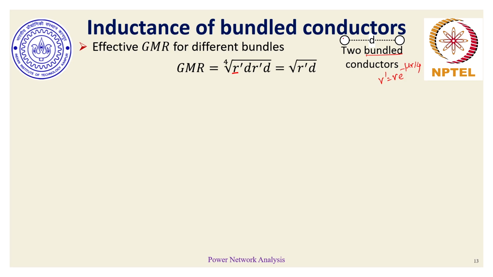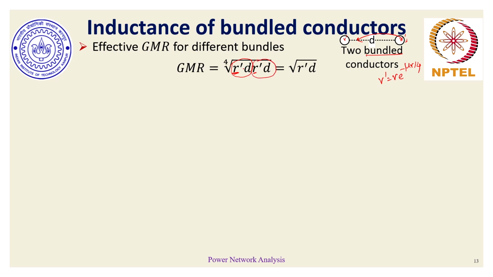So if I have r dash as the self radius and d is the distance between them, then D11 is r dash, D12 is d. So basically this is one group of distances. And similarly for the other conductor, the self radius is r dash, which is the first term, and D21, which is the distance from here to here, is d, then r dash.